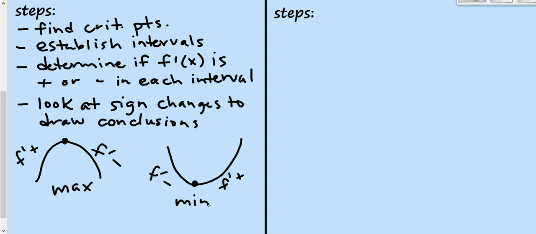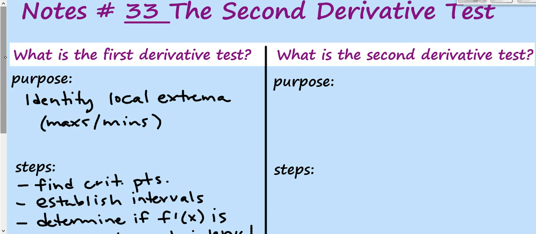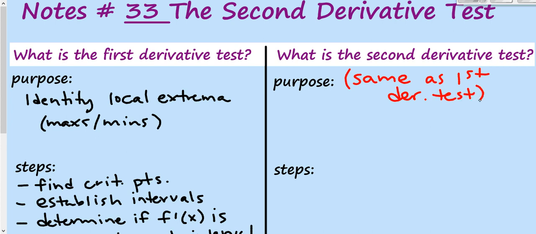So now let's talk about the second derivative test. The purpose of the second derivative test is exactly the same. People get confused about this. Same purpose as the first derivative test. That is to identify local extrema.